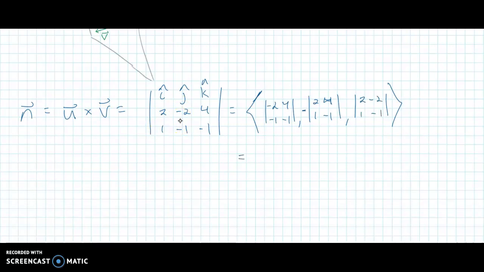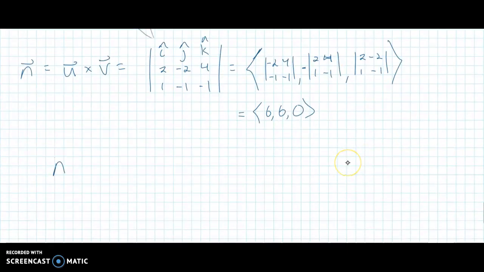When I do these determinants, I wind up getting 6, 6, 0. These guys are 6, and that's with this negative in there. This determinant here is a negative 6, but then this makes it positive. So that tells me that n is equal to 6, 6, 0. Now, I need to do the formula.